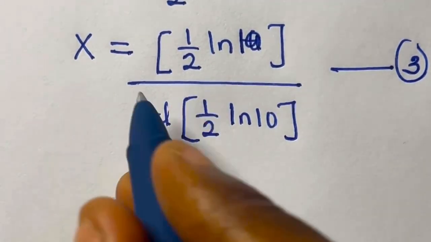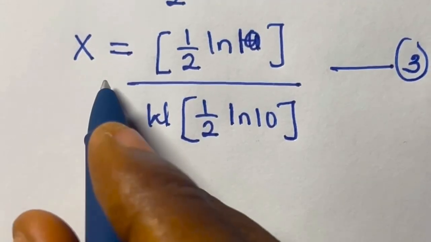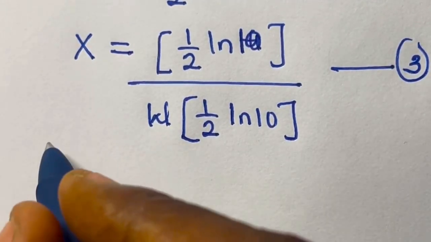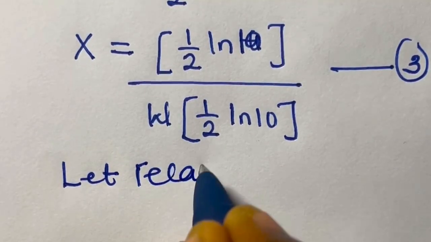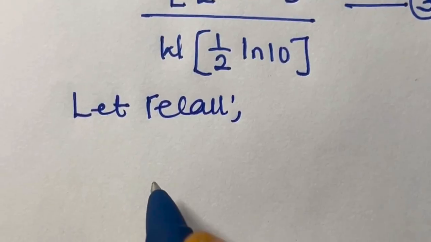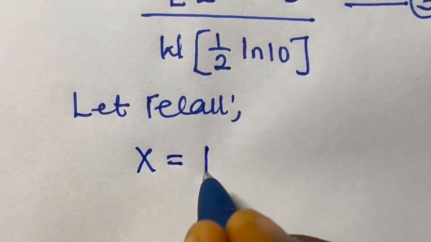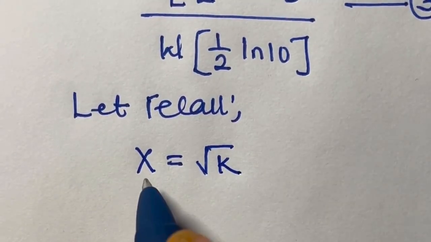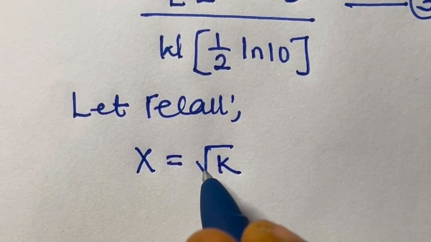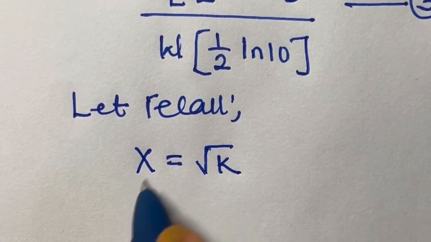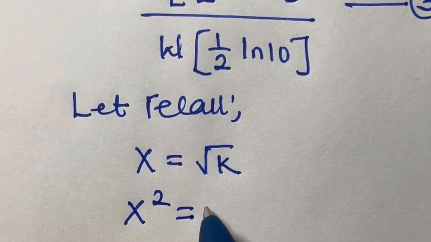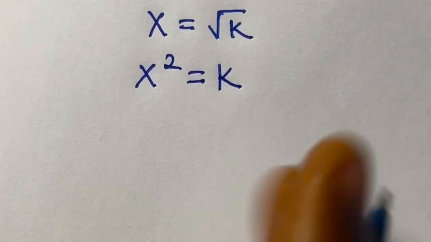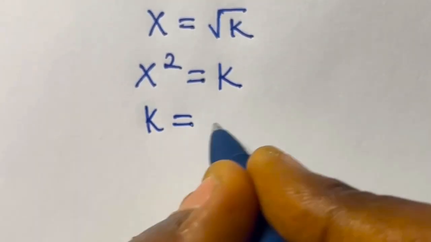So now we are not finding x, rather we want to find k. So let's recall that our x equals square root of k. If we cancel this square root, we square both sides, so we have x squared equals k. So this implies that our k equals x squared.